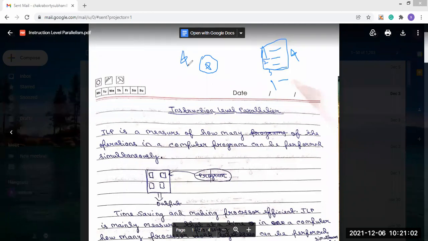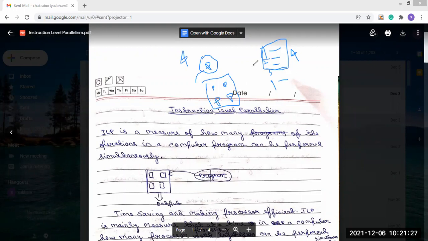But if we divide the processor and there are multiple processors present, instead of this one processor we use 4 processors, like a processor chip with 4 processors in our system.